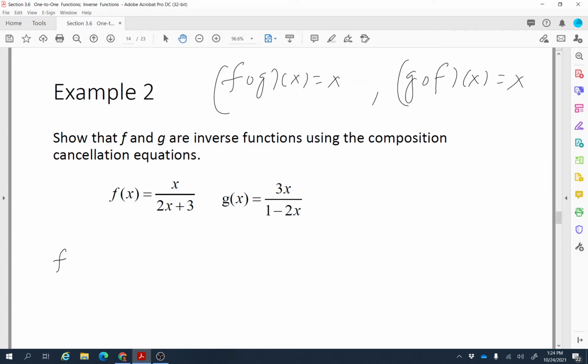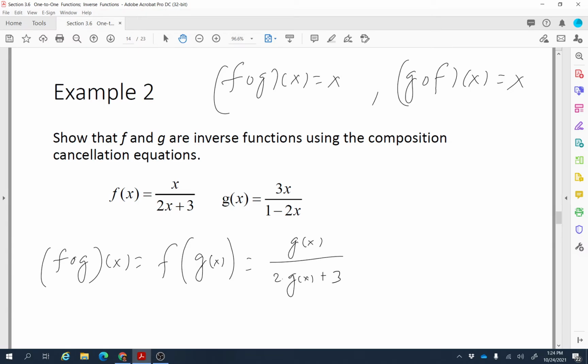So let's find f composite g of x, which is the value of the function f at g of x. Wherever you see x in the function f, just replace that x by g of x. So it would be g of x over 2 times g of x plus 3.